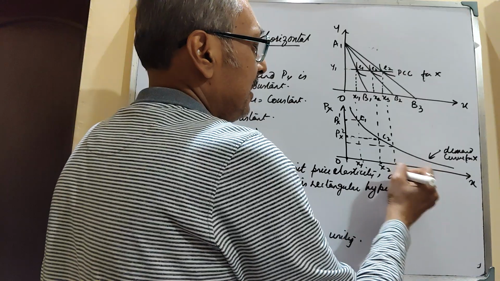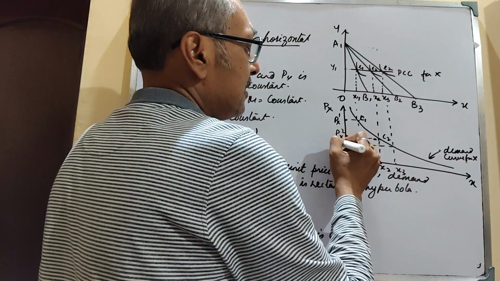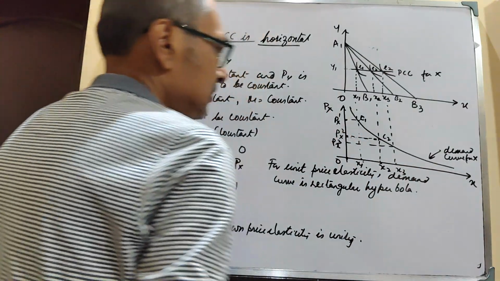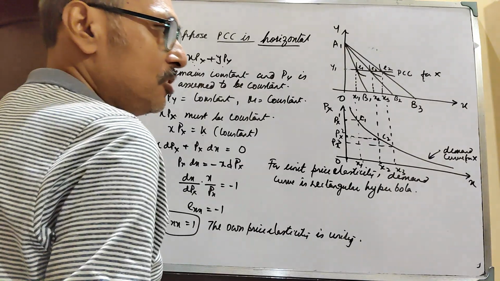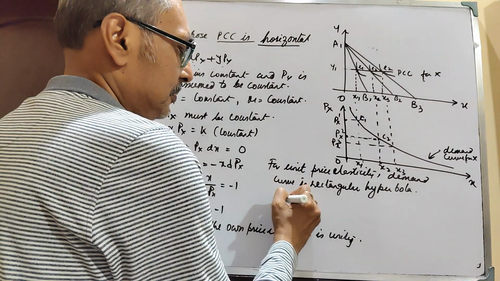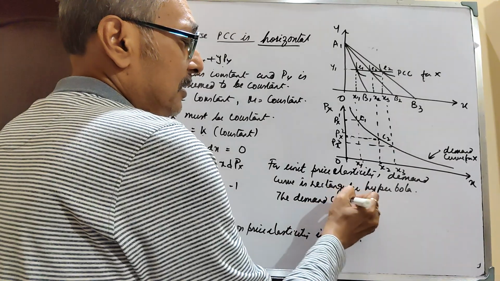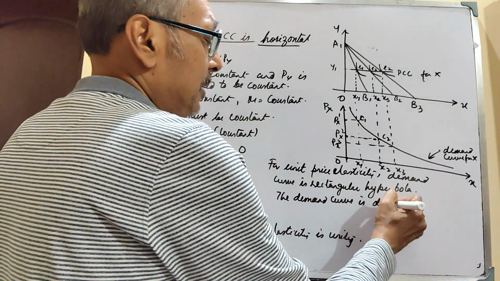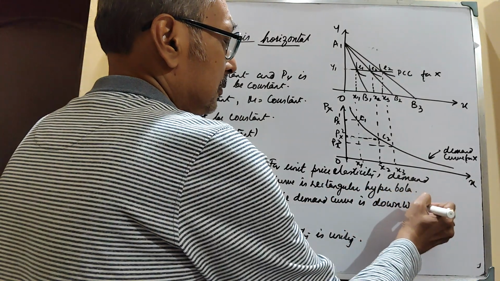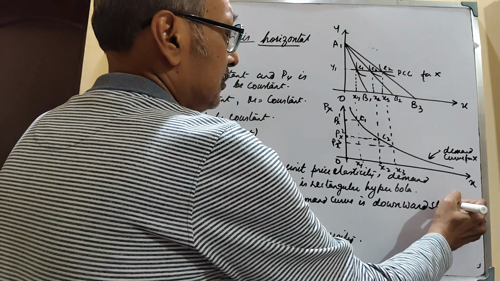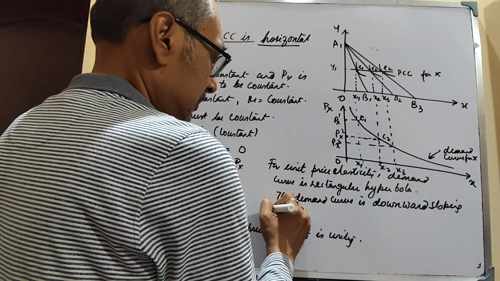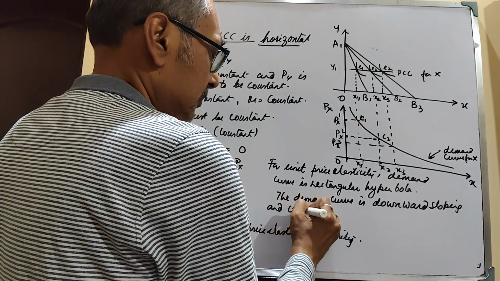This is X3, Px3. The demand curve is downward sloping and convex to origin.